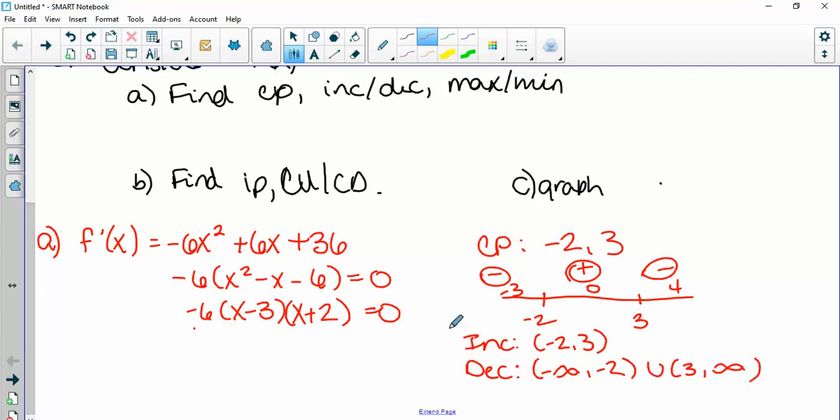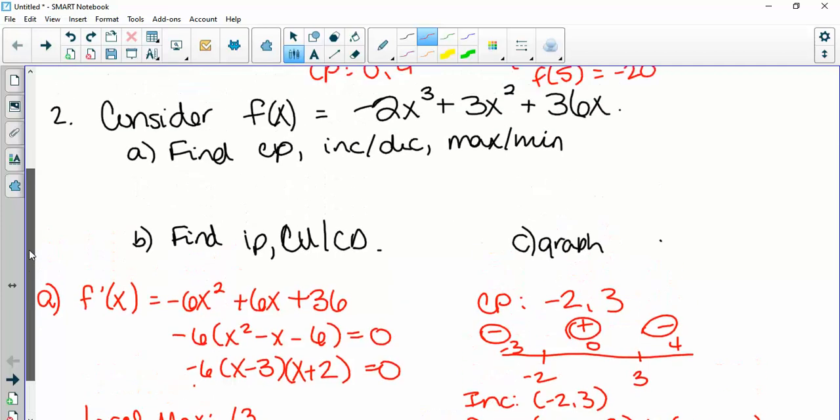Max and min. Where would you have a max? -2. A max? 3. Oh wait, I did that actually so backwards. Just kidding. The min is at -2. So you plug those into the original.